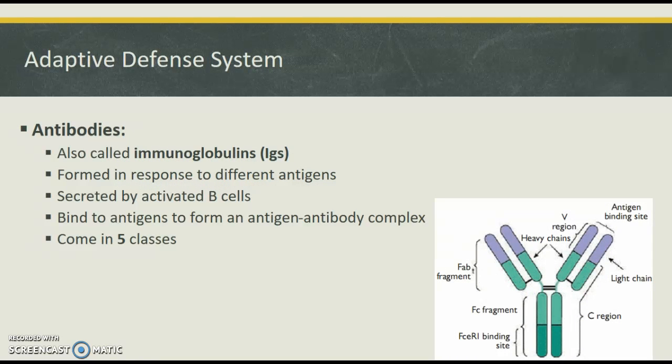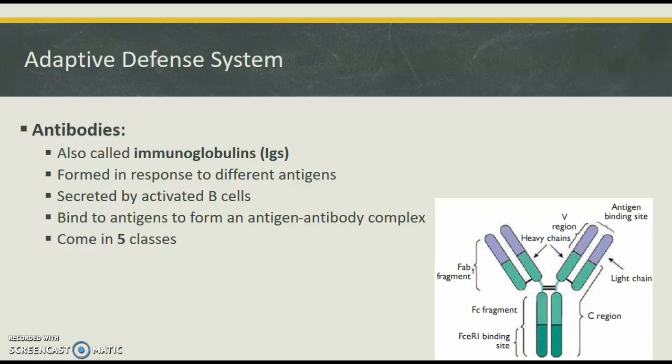So here are our antibodies. Remember that these are going to be created by those B cells that mature in the bone marrow. They're little Y-shaped proteins, and they bind to an antigen, forming what we call an antigen-antibody complex. And there are 5 different classes of them.